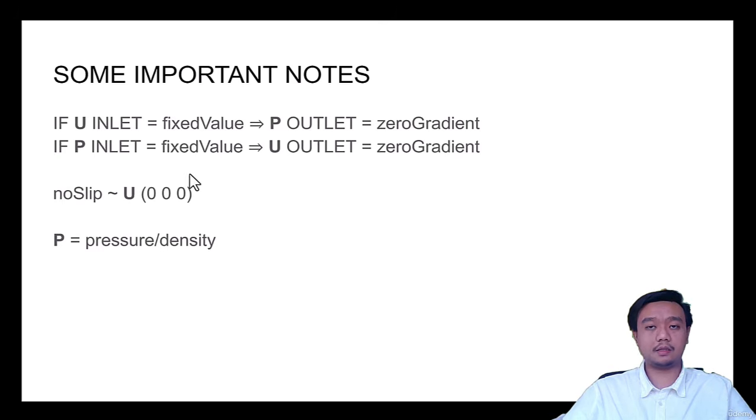So if you find the pressure in ParaView, it means it is the pressure divided by density. You must note this because it is not in Pascal units. It is quite useful if you are simulating water and air, so you don't have to worry about the density and you can convert it later.